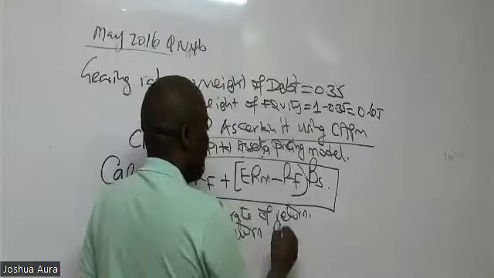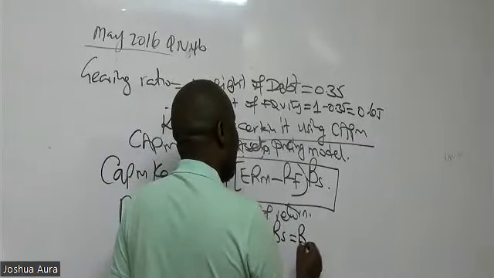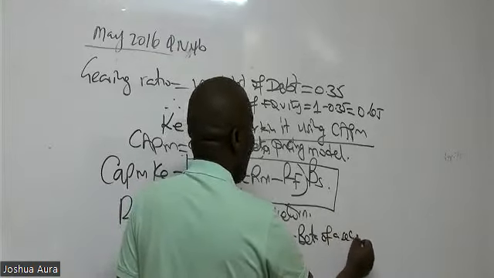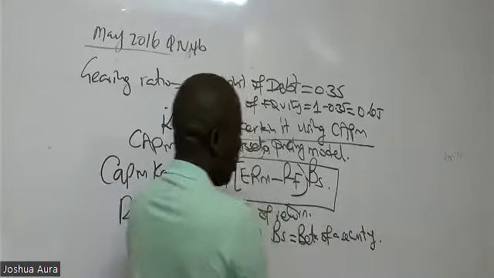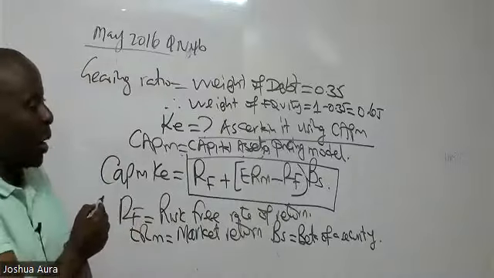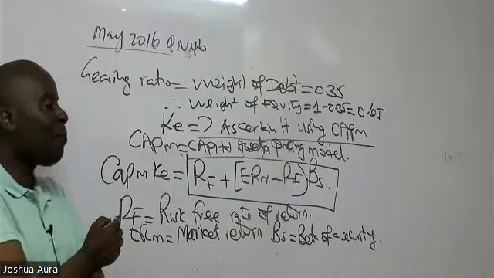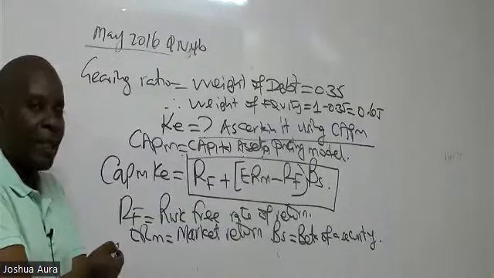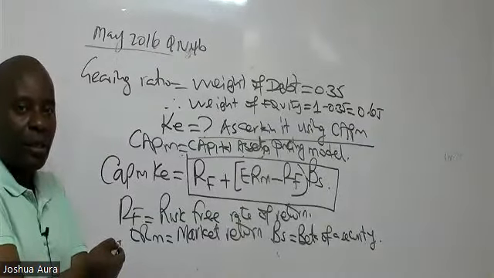And then we have BS. BS is the beta of a security. For now, I would simply want you to appreciate that the beta of a security stands for the systematic risk.